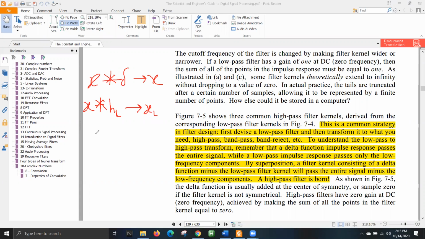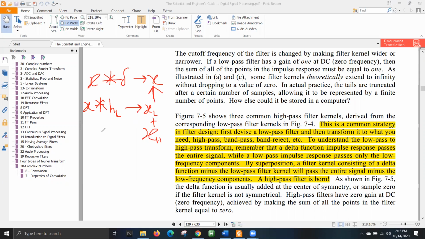So by the superposition principle, if you add the high pass components x_h together with the low pass components, you're supposed to get x, right?